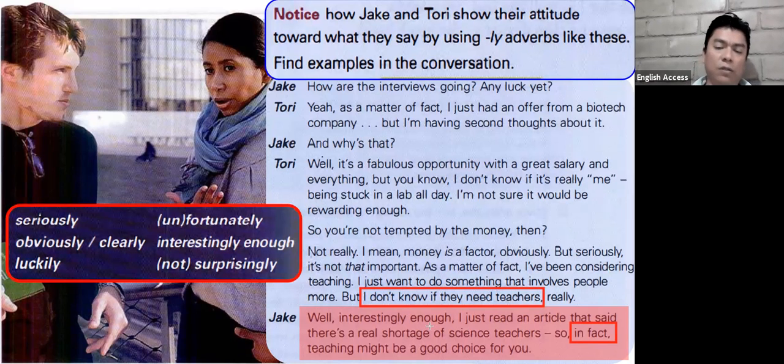So he says, oh, in fact, let me tell you the good information: teaching might be a good choice for you because there's a real shortage of science teachers. So this is actually correcting assumptions.